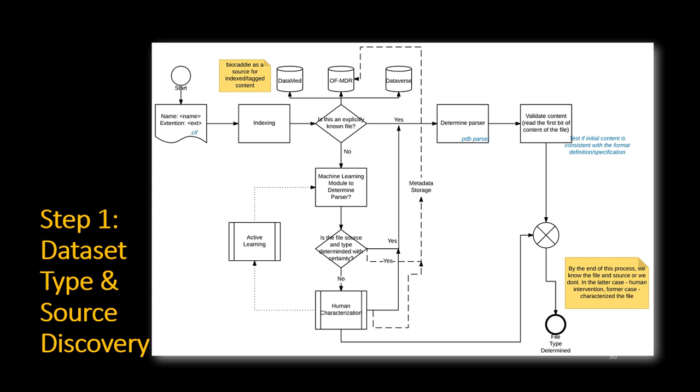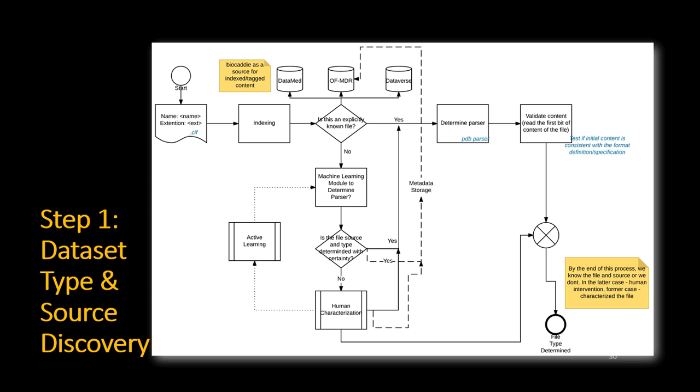So if there's metadata that's discovered about that, we can then store that content and then iterate over that as we go forward. Of course, there are other metadata storage sources that are available to help inform the file types and the outline of the data that's actually in there, so the structure of the data.